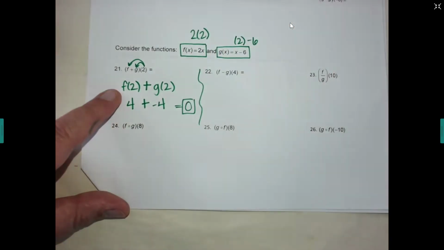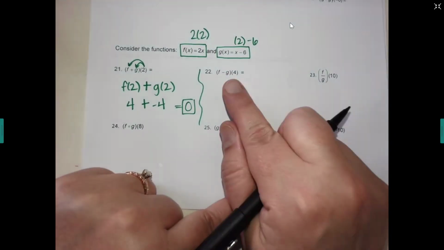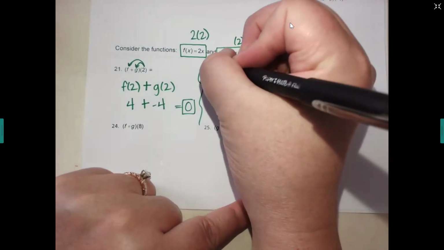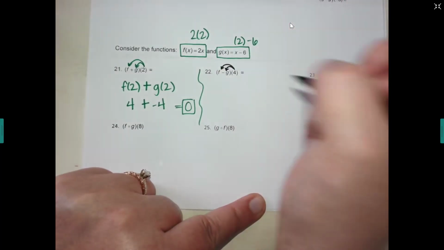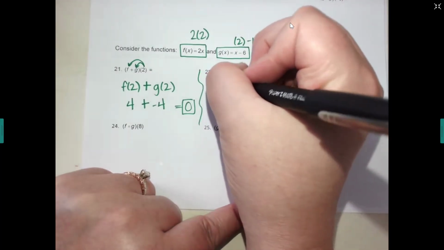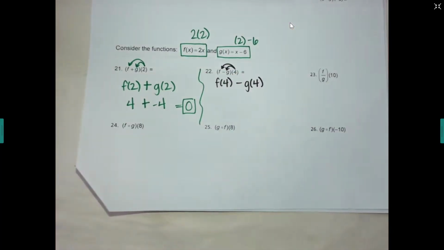Okay. Let's try the next one. What's my operation? Plus, minus, times, divide, or composition? Minus, and what number are we plugging in? 4. So I'll find f of 4, I'll find g of 4, and then I'll subtract those answers. But remember, you get f of 4 by plugging 4 into the x of the f equation.